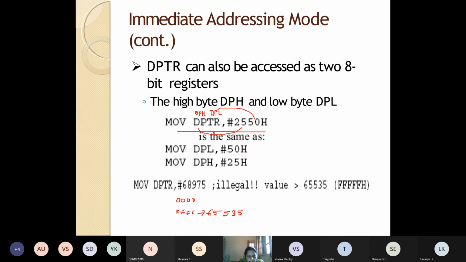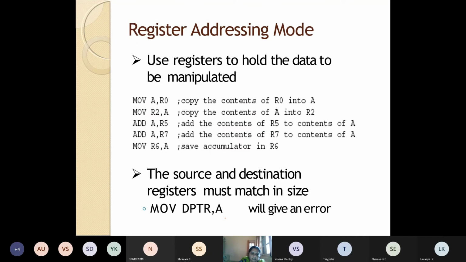If the value is greater than this, it cannot be loaded into the DPTR register, because DPTR is a 16-bit register. I can load from 0 to FFFF in hexadecimal, or 0 to 65535 in decimal. Loading a greater value makes the statement erroneous. That is the immediate addressing mode.